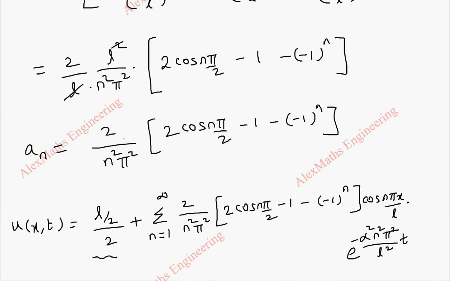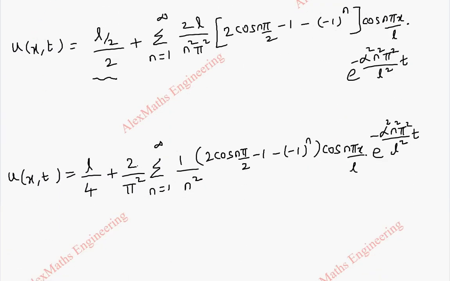And there is one L also here, because we cancel L and L square, so L is remaining. So we have to write 2L here, and that L also can be taken outside the summation. So this is the required solution for the given problem.